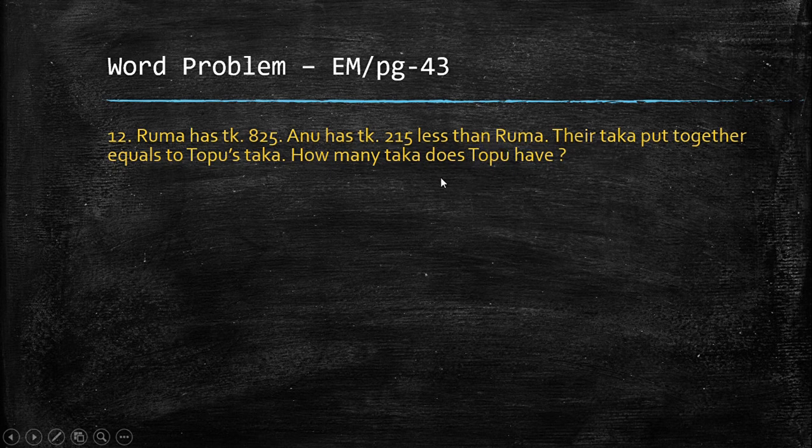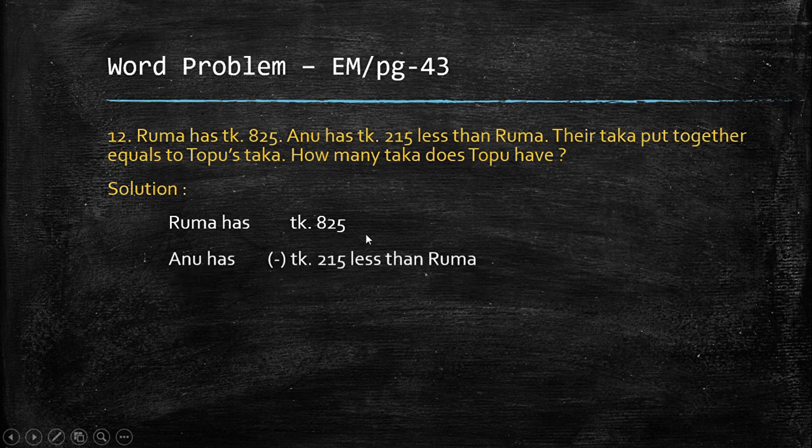Okay, so now we will go for our solution. So how can we write this? First, we will find out Onu's taka. Ruma has how many taka? 825, and Onu has 215 taka less than Ruma's taka.